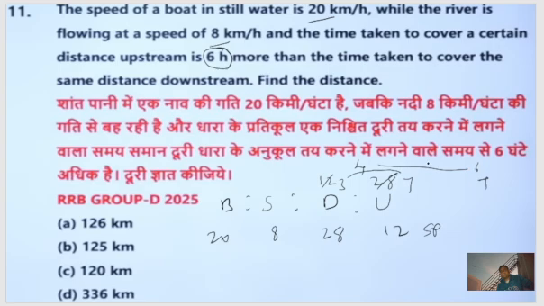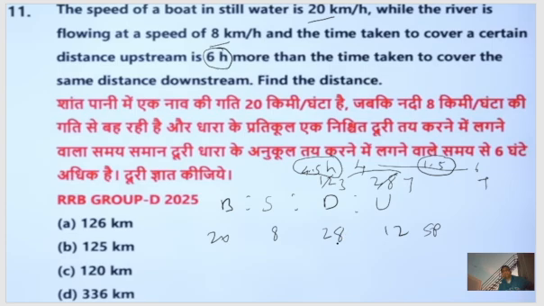So we can find the multiplier as 6 by 4, which means 1.5. So 1.5 into 3 is how much? 4.5. 4.5 hours are required to travel that much distance with the speed of 28 km per hour downstream speed.